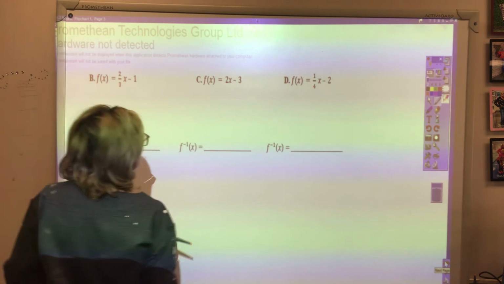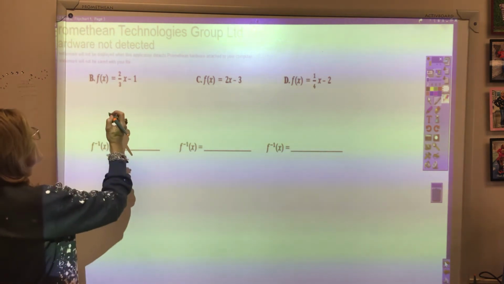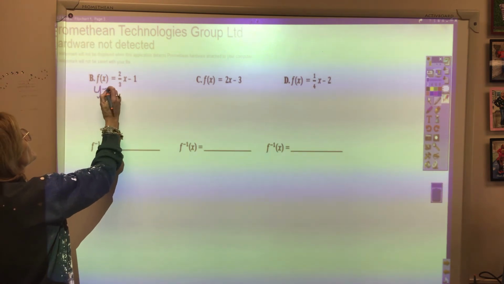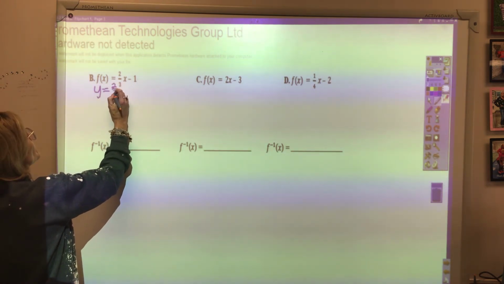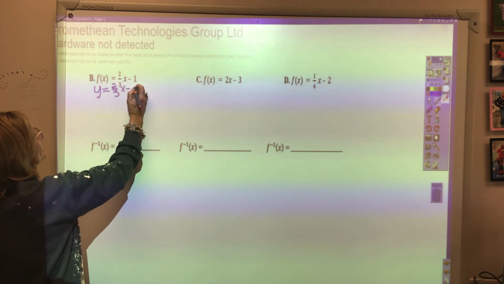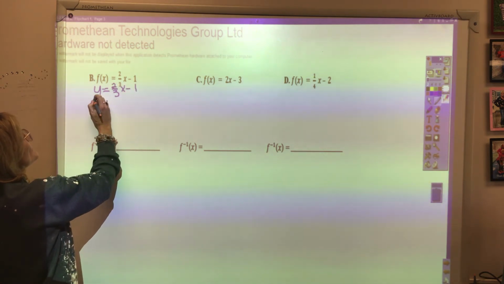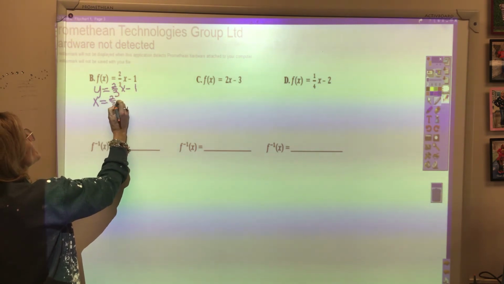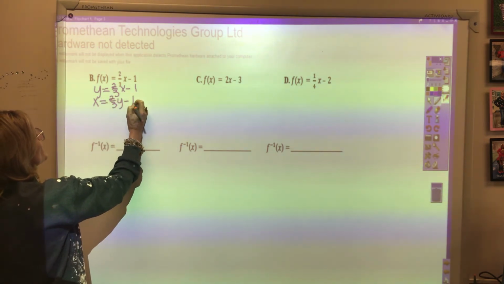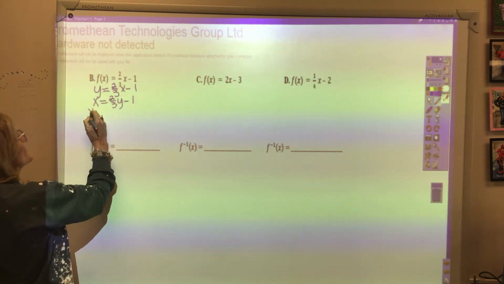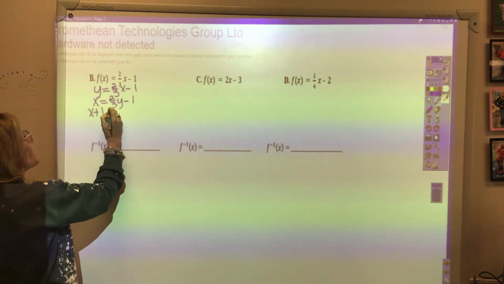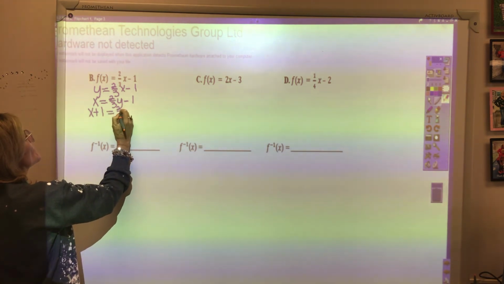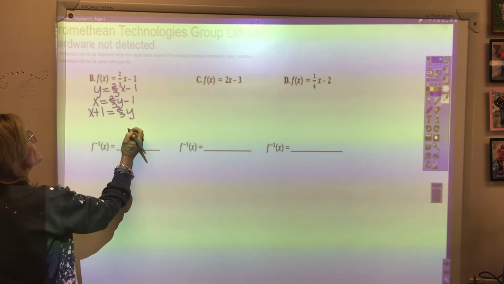Okay, so let's try another couple of examples. We replace f of x with y to start with. Now we interchange x and y. So we make it x equals 2/3 y minus 1. Add 1 to both sides, which would leave us with x plus 1 equals 2/3 y.